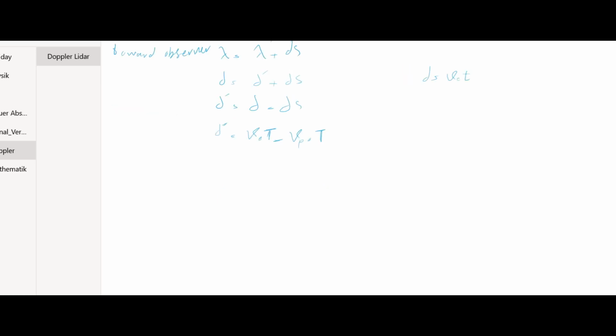Now this d prime is either bigger than lambda or smaller, so let us call it lambda hat, and lambda hat is also the velocity of light in a period which is actually shorter.